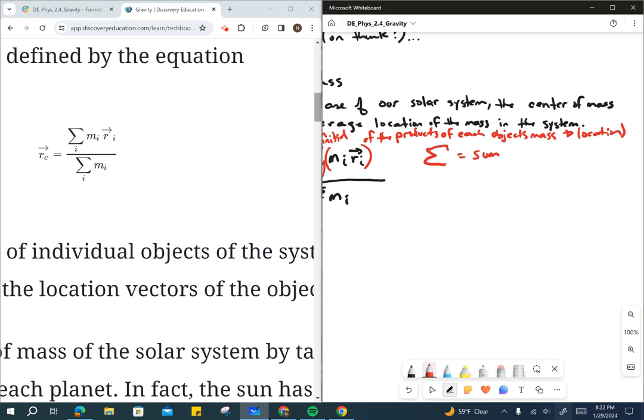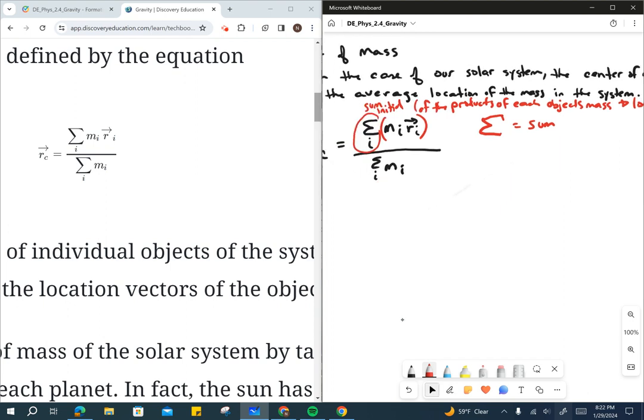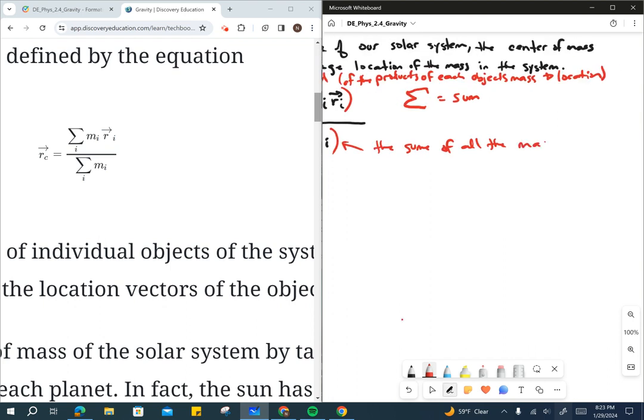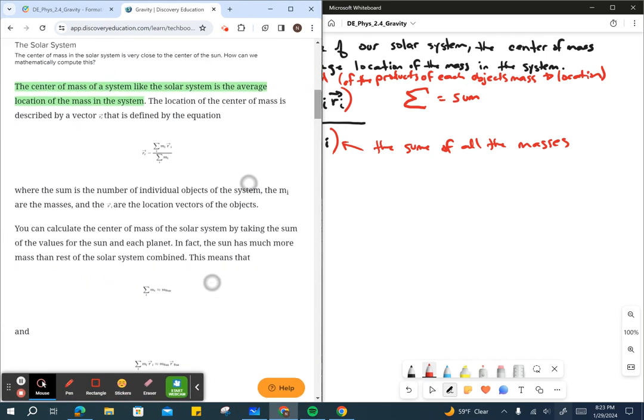Okay, divided by simply the total, the sum of all the masses. All right, that was a lot to think about.